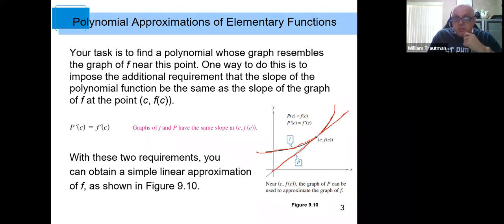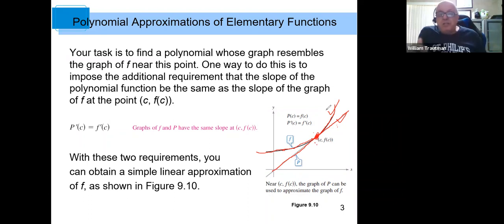And what we want to do is find the slope at a particular point. If this slope matches this slope at a particular point, we want to try to get the polynomial to match up with the other graph. We'll have two graphs, and we want them to match up as closely as possible.